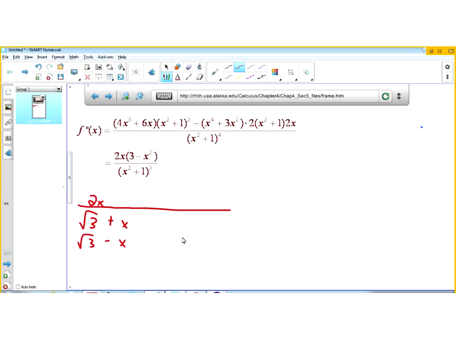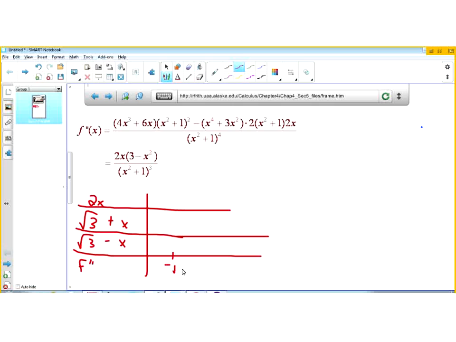So we have 3 factors that determine the fate of the second derivative, and they change at negative square root of 3, 0, and the square root of 3. All of these numbers are in the domain.